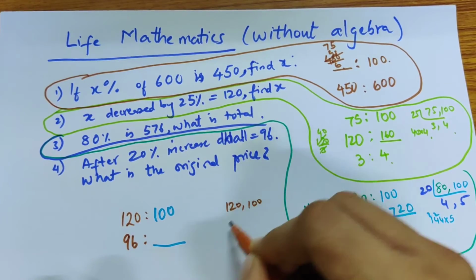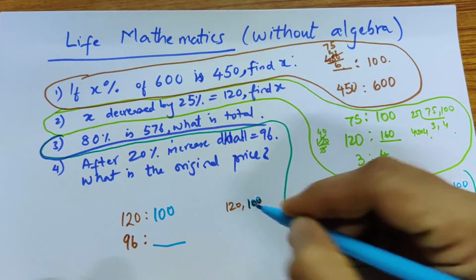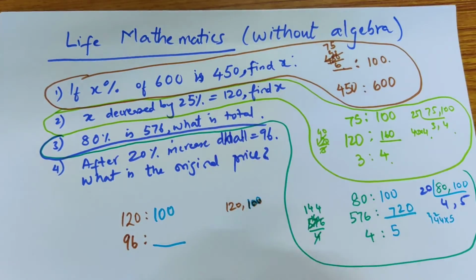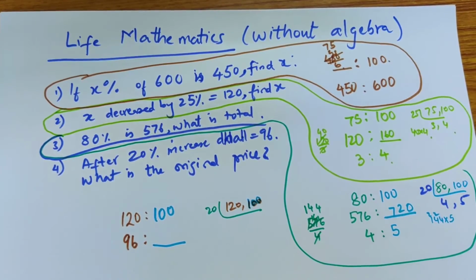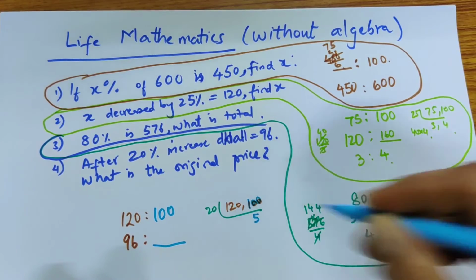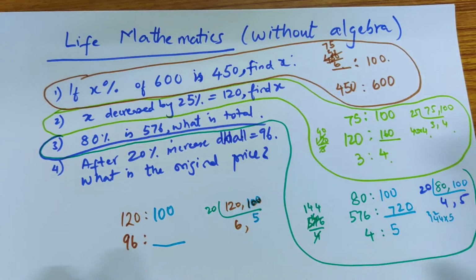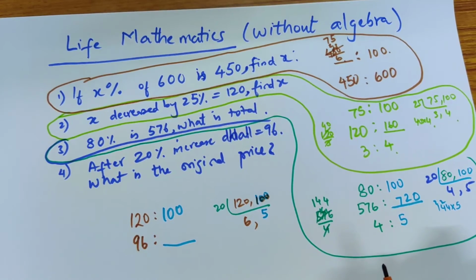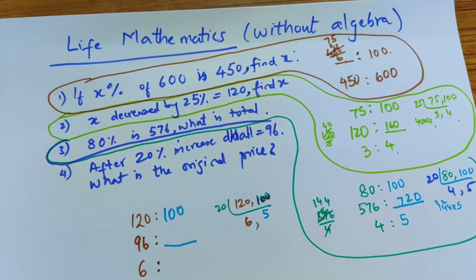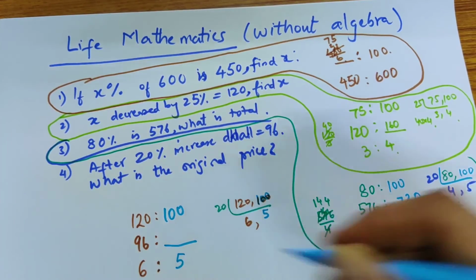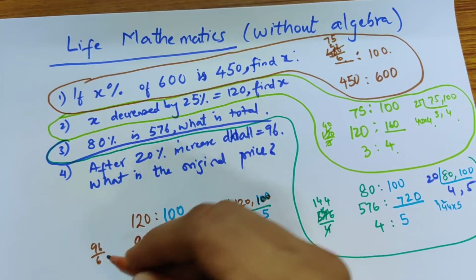Let's remove something common, a factor of 20, so 25 is 100 and 26. Okay, so you can't reduce it further, so this is 6 is to 5. So this is as good as 6 is to 5.